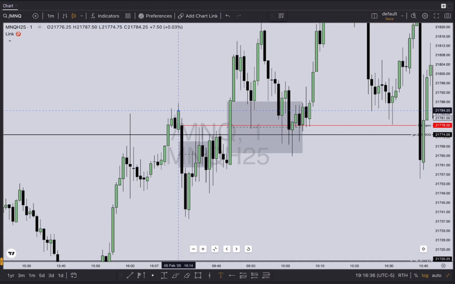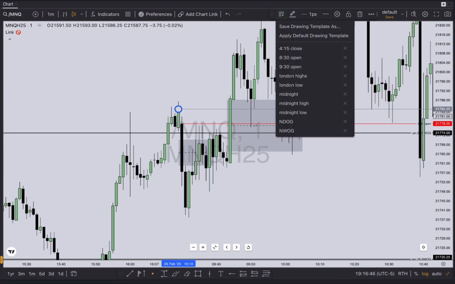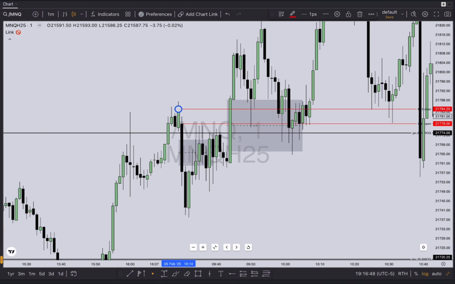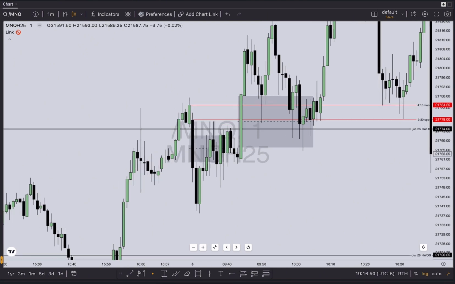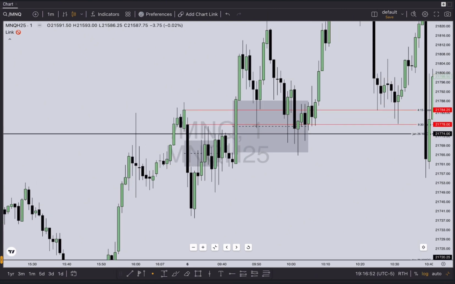So the gap is from the close to the open. This is the gap right here, right? So it's this right here. This is the gap, and this is the 4:15 close. I call it 4:15 close. So for this specific day, this was the gap.